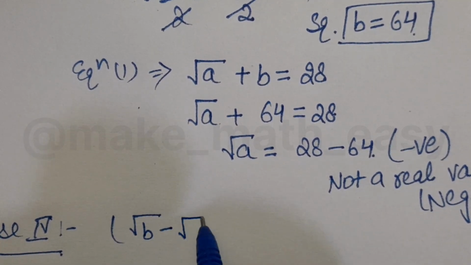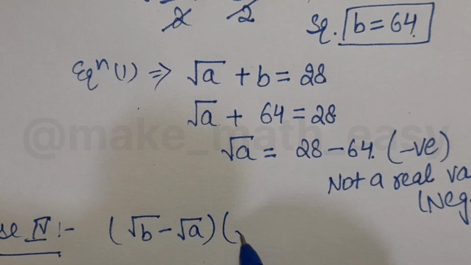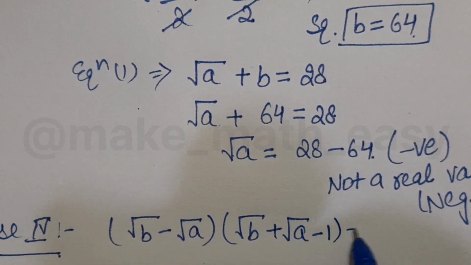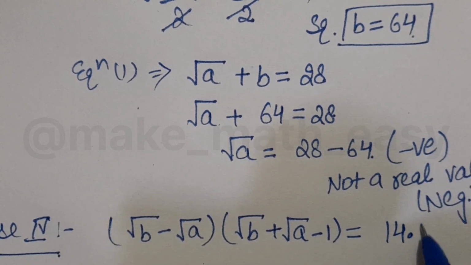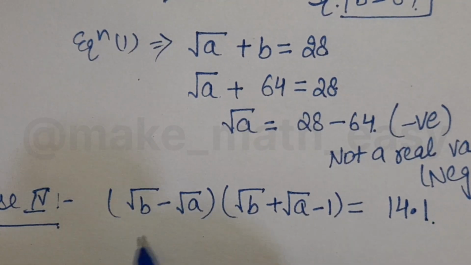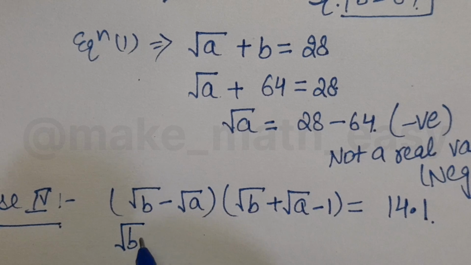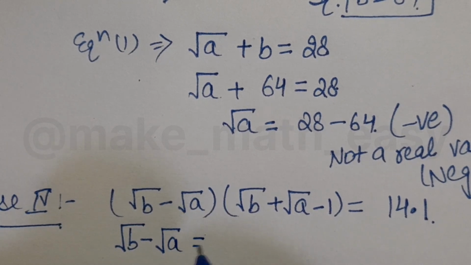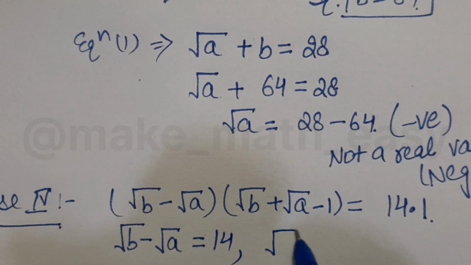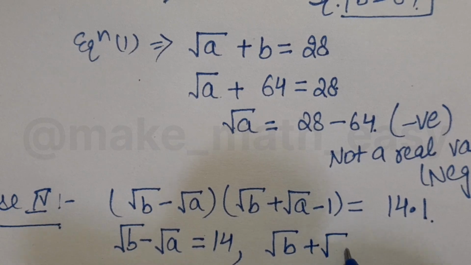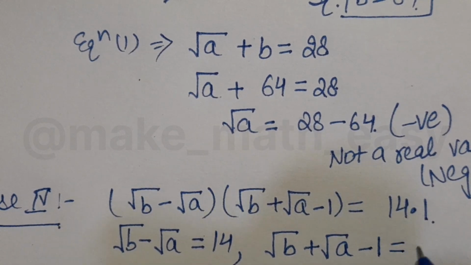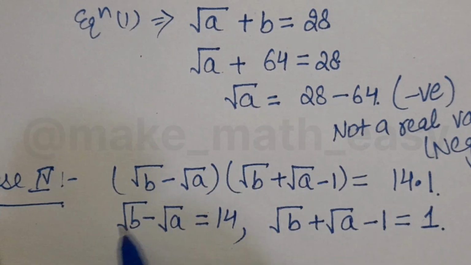Root b minus root a into root b plus root a minus 1 equals to 14 into 1. Comparing, root b minus root a equals to 14, and root b plus root a minus 1 equals to 1.